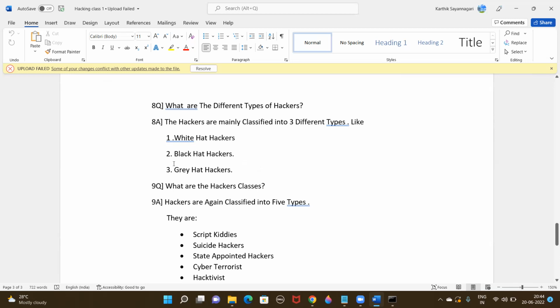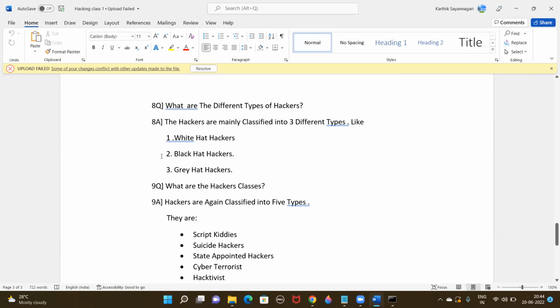So for these three people, as far as I am concerned, there is no particular classification in hacking. When a person learns hacking, that's it, he's a hacker. Okay, so when we compare these three types of hackers, I believe the black hat hacker will have more knowledge when compared to the other two.